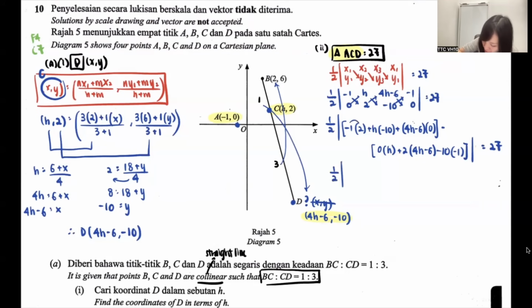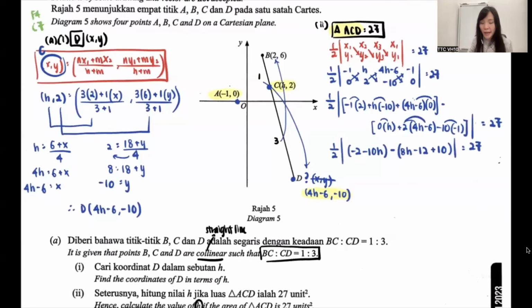Now, this one times this one, negative 2. This one times this one, negative 10H. 0 times anything, 0. Minus 0 times anything, 0 again. 2 times 4H, 8H. 2 times negative 6, negative 12. Negative times negative, positive. Isn't it? There's a 10 here. Equals 27. Okay? I don't like, 1 over 2 cannot really times inside the modulus because there's a modulus there.